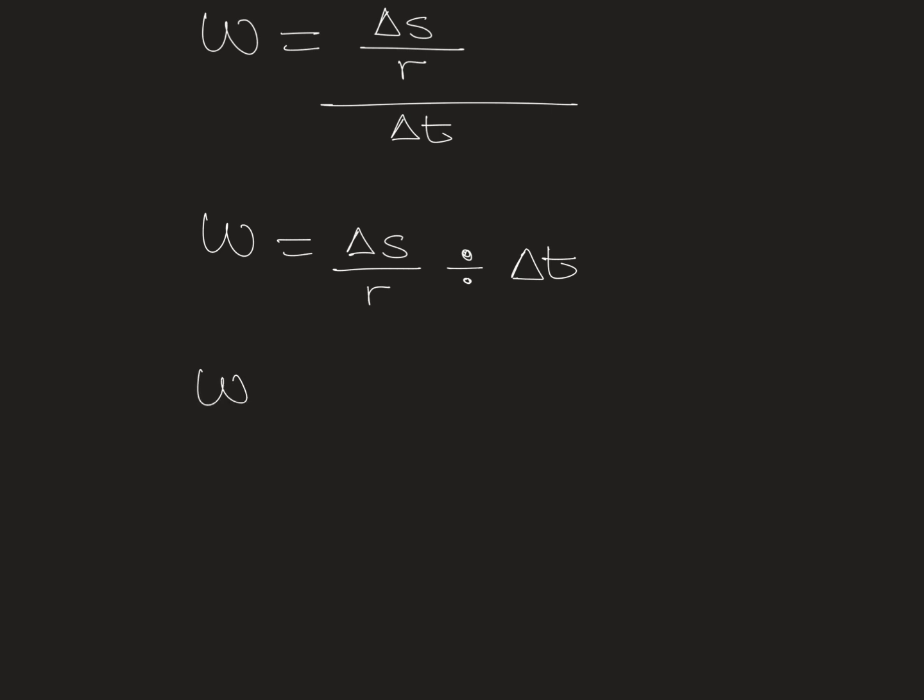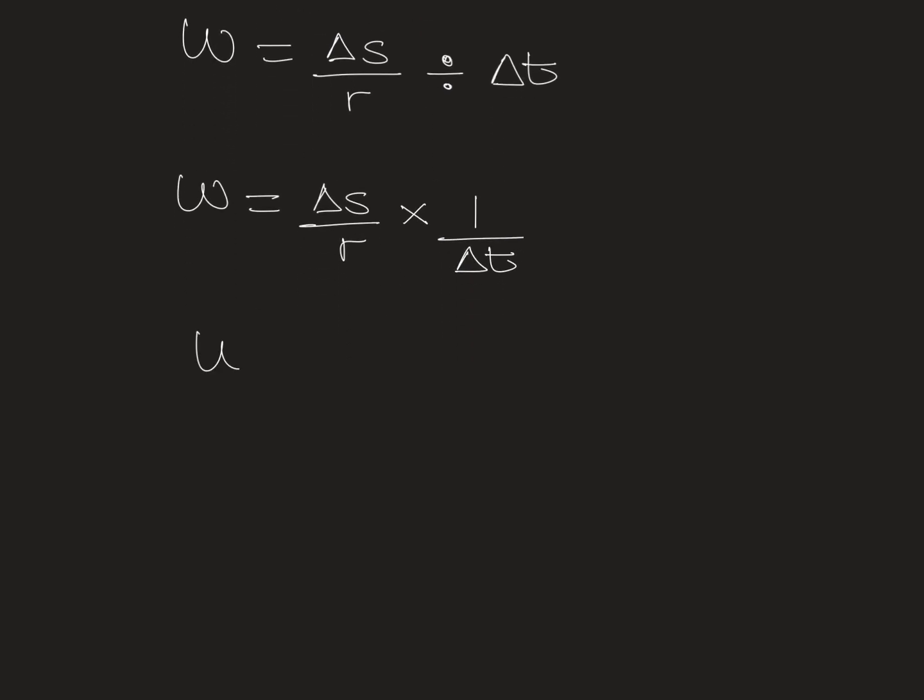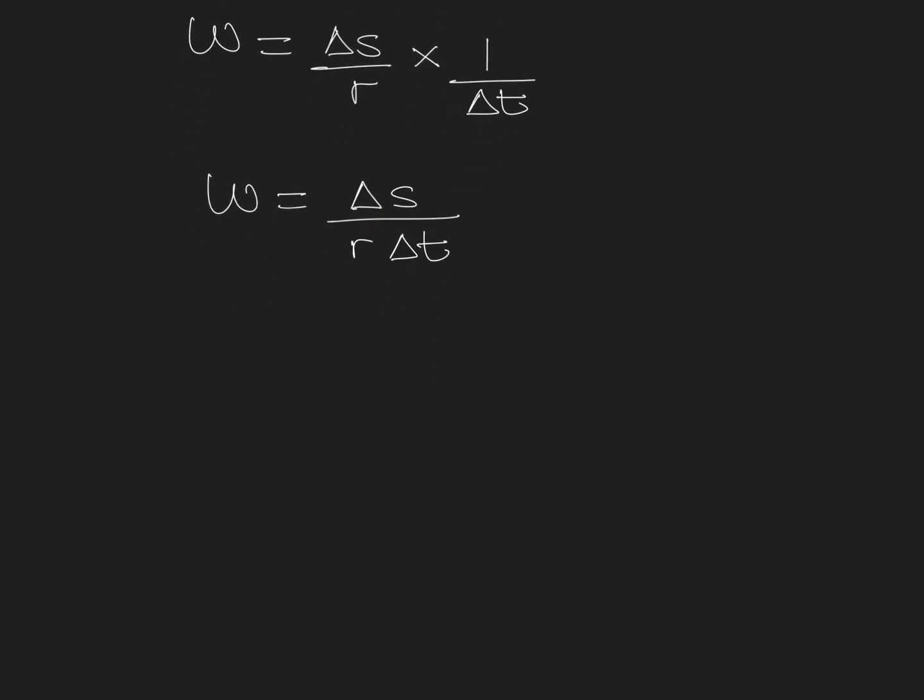So omega will be change in the arc displacement divided by R. If I want to change the division to multiplication, then that will be times 1 all over change in time. So omega is equal to delta S times 1, which is delta S, divided by R times delta T, which is R delta T.